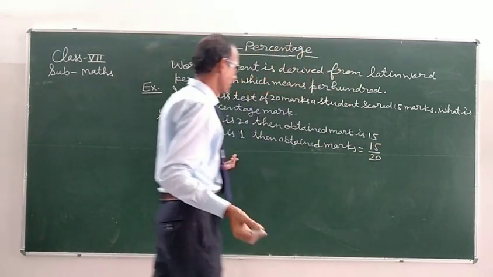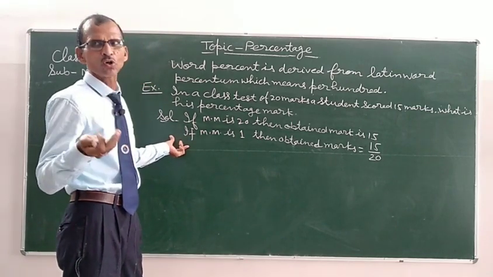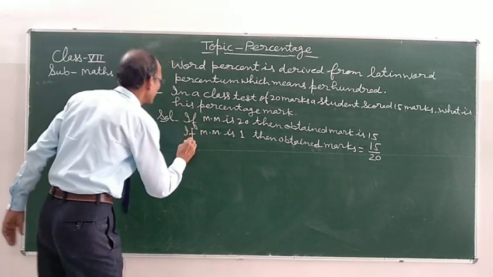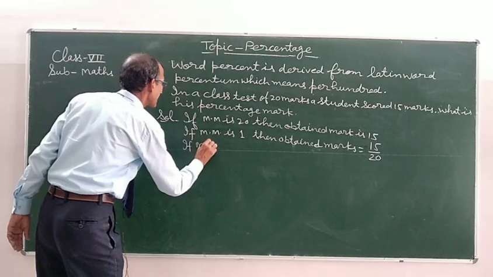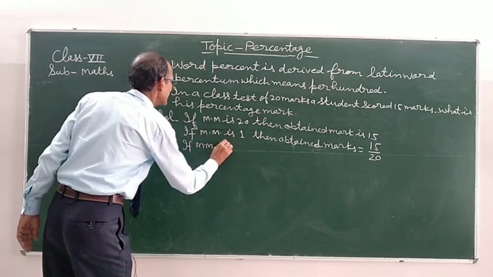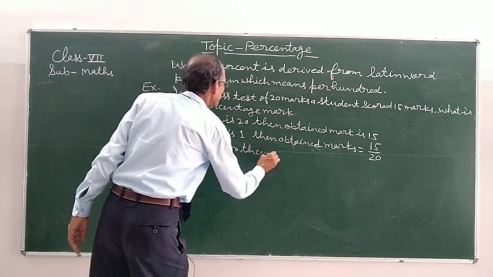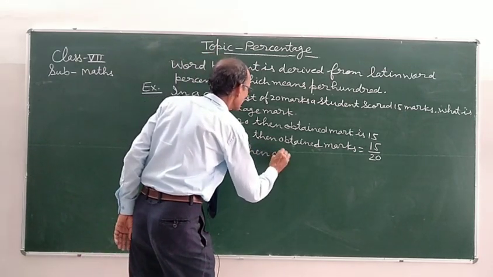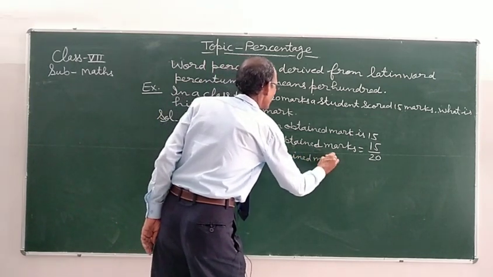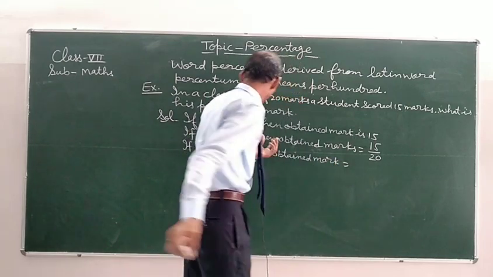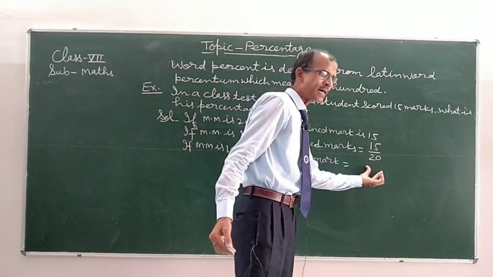Okay, now we will calculate if maximum mark is 100, then how much he scored. If maximum mark is 100, then obtained mark is equal to, when maximum mark is 1, then obtained mark is 15 upon 20.